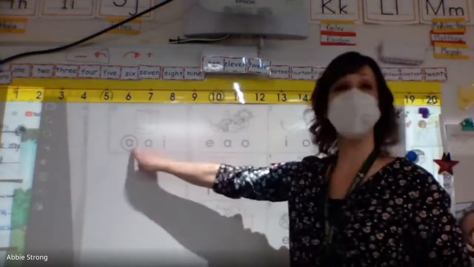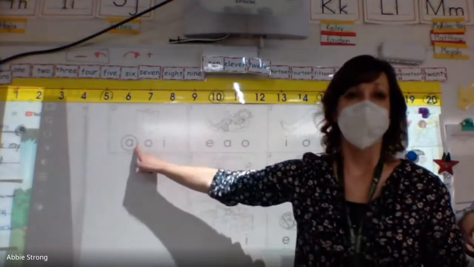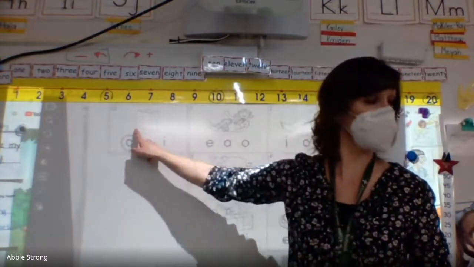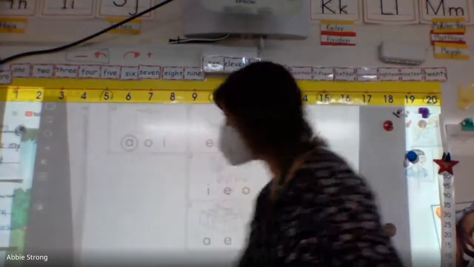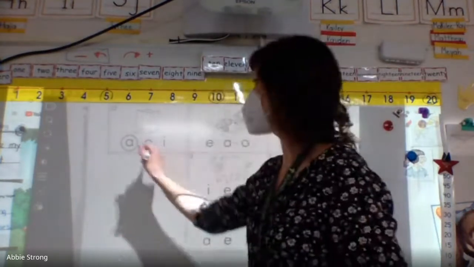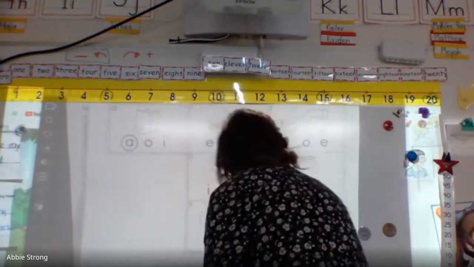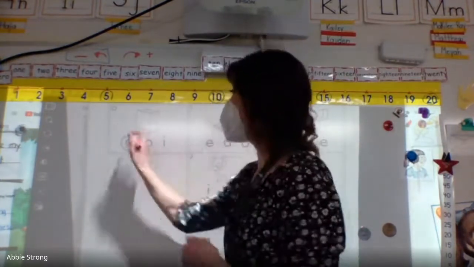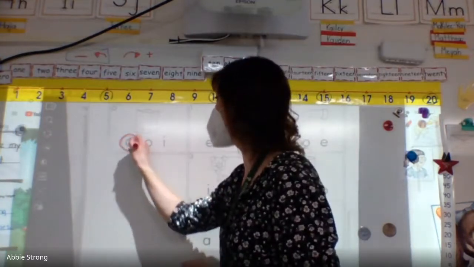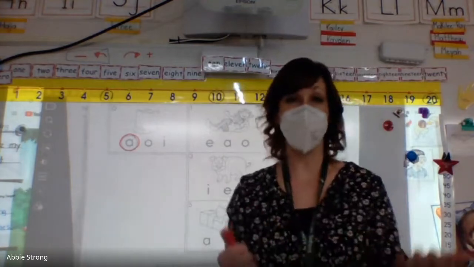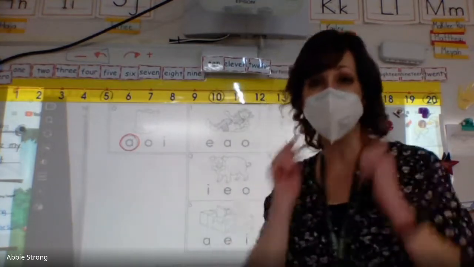A. They circled the letter A. We're going to trace that circle. Go ahead and trace that. Perfect. To show that that is the middle sound. We're going to circle the A because A is the middle sound.